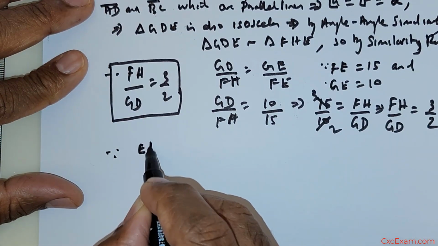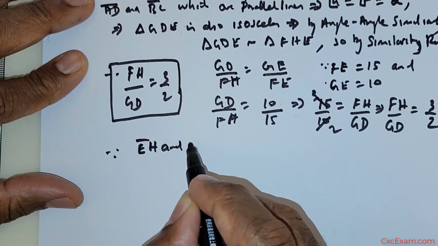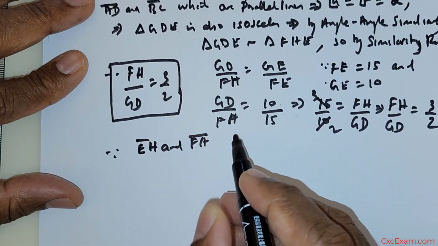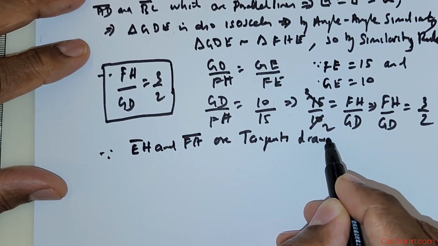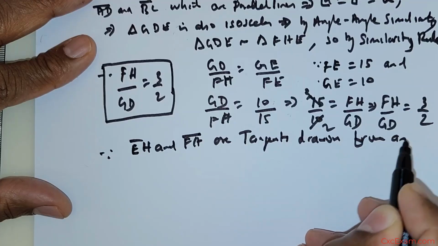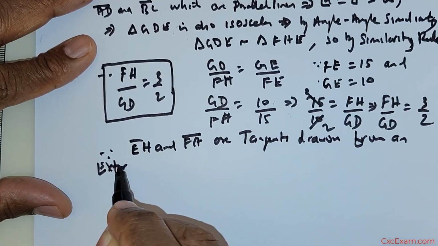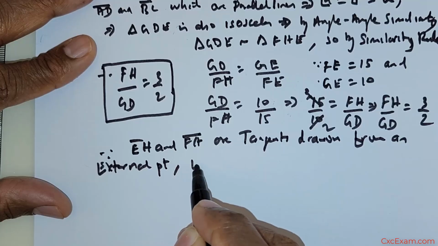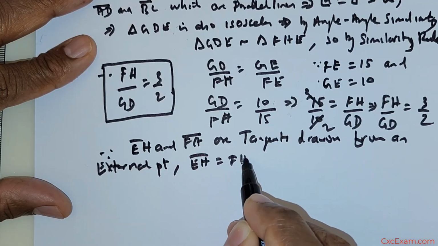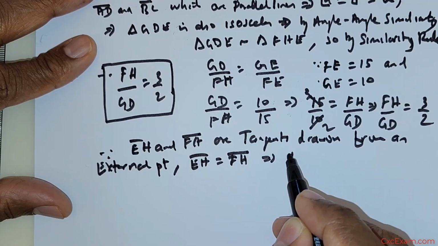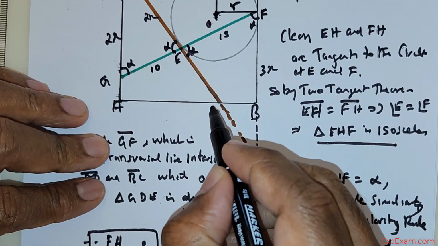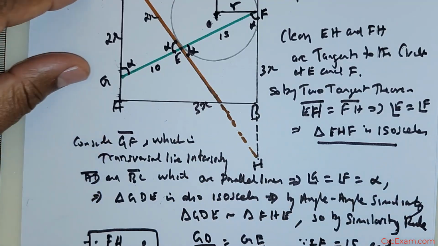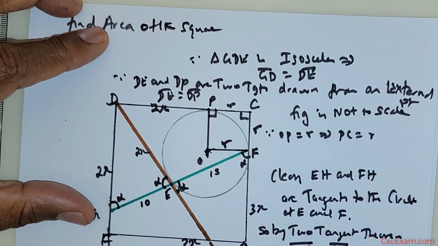Since EH and FH are tangents drawn from an external point, EH will be equal to FH. This means EH is equal to 3x. Now this is clearly 90, right?